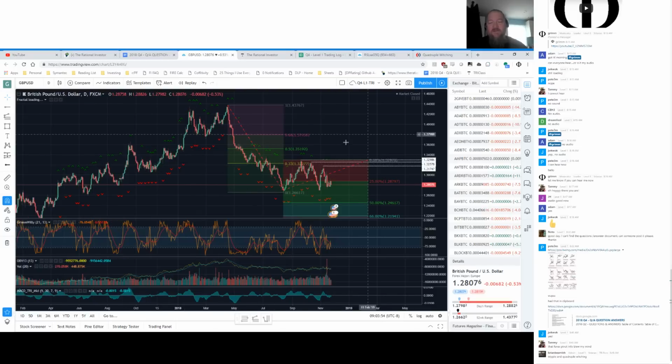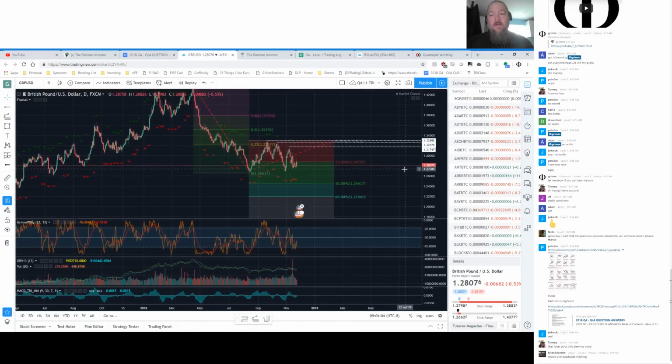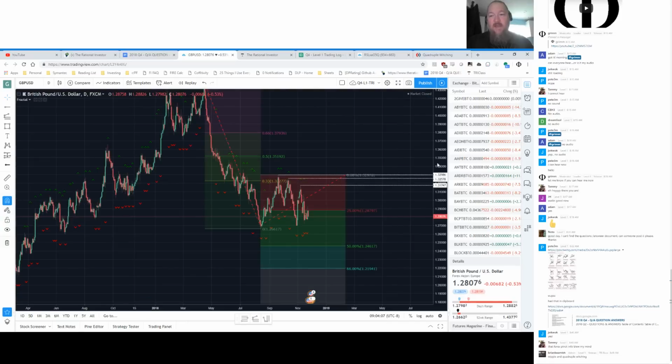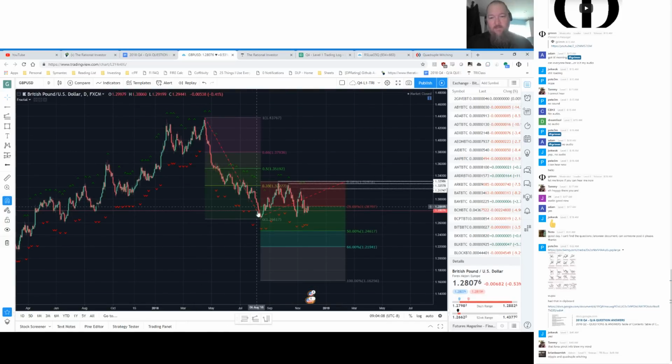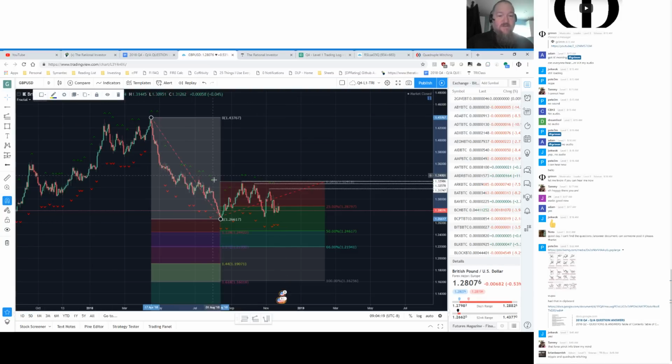There's a trend-based extension tool that you can use to quickly draw your kind of bot levels, right? So we have a bot extension, which is an ABCD pattern, right? Where we had the A, B, and then C, D, right? Now, when we look at this bot, we can also look at the extensions off that original move.